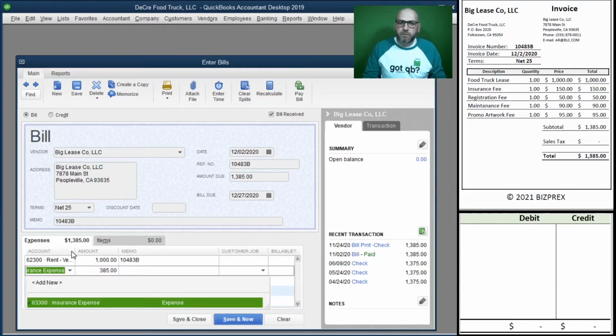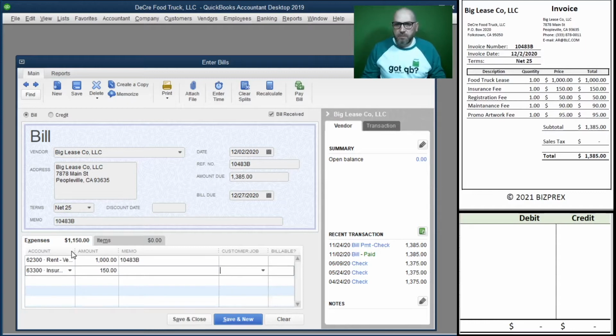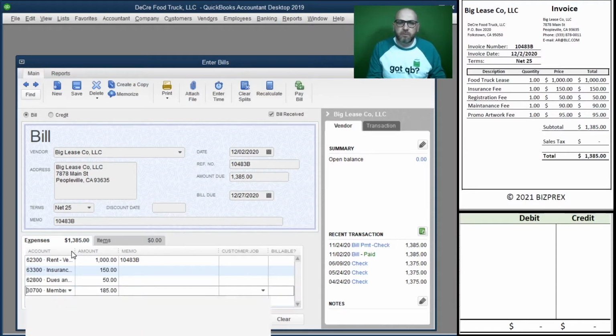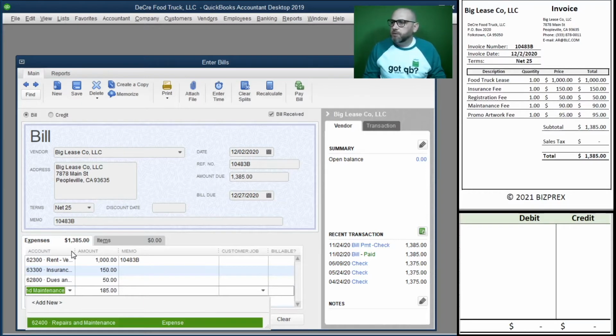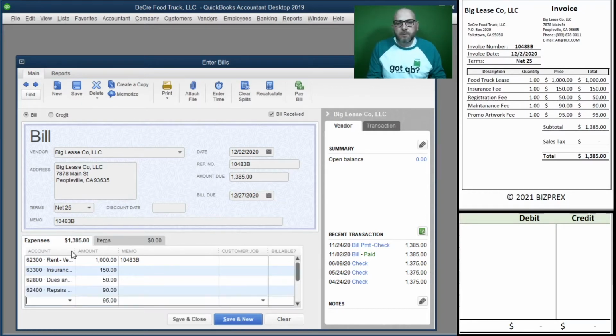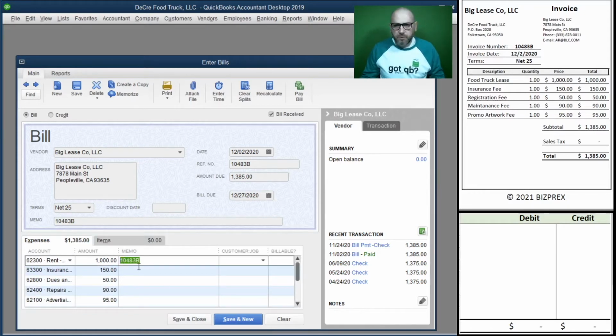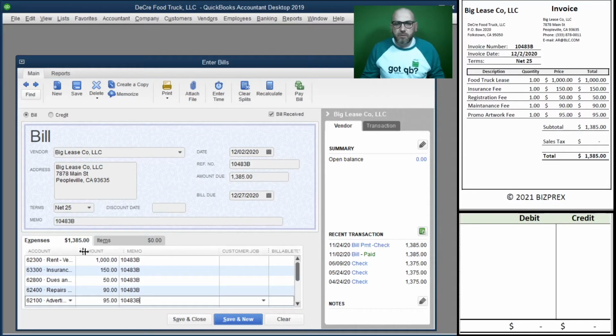Our insurance. Okay, what else? We have our dues and subscriptions. We have our repairs and maintenance. And we have our advertising and promotions. Right, here we are. Let's go ahead and enter our reference number. Okay, just to make it bigger. All right, here are our expense accounts.